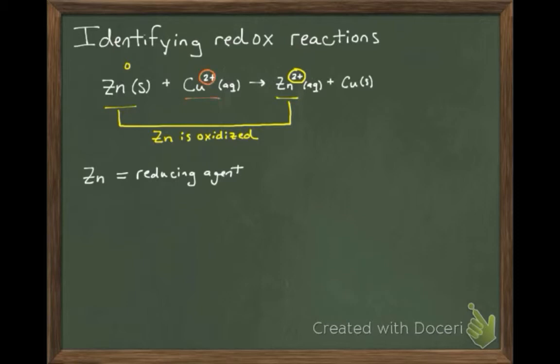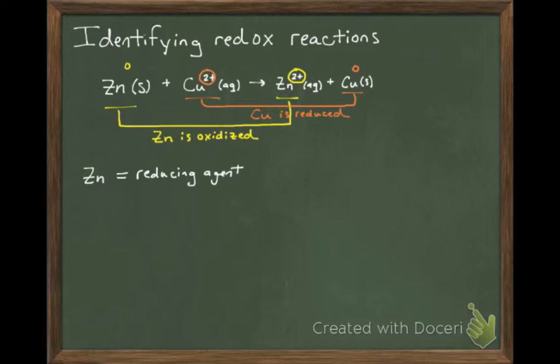Copper starts with a 2+ oxidation state as copper ion in solution. But in the product, copper is a free element, has an oxidation state of 0. That means that copper is gaining electrons in order to go from +2 to 0, and copper is reduced.